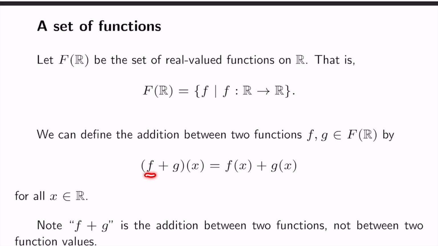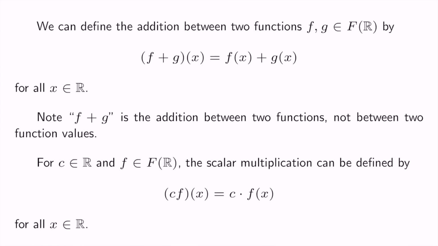So this f plus g on the left-hand side is a new function, which is defined by this. At each x, which is a real number, we define the value of f plus g as the value of f at x plus the value of g at x. So in this way, we can define a new function, and this gives the addition between two functions.